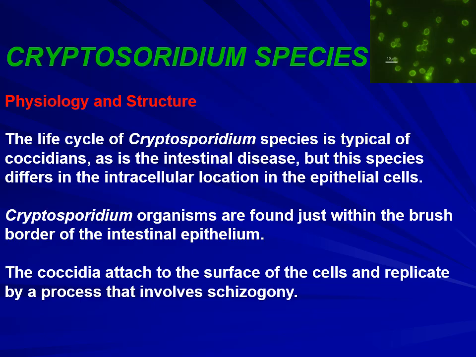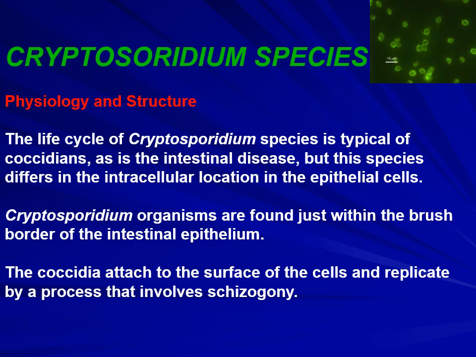The life cycle of Cryptosporidium species is typical of the life cycle of any other coccidium parasite, which means that it involves two phases, a sexual and an asexual stage. However, the infection with Cryptosporidium parvum differs in the sense that Cryptosporidium organisms are found just within the brush border of the intestinal epithelium.